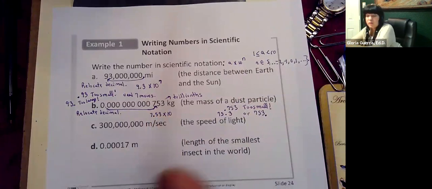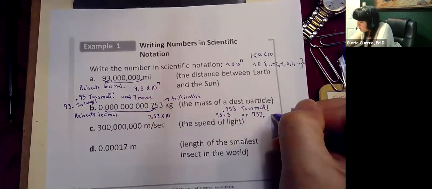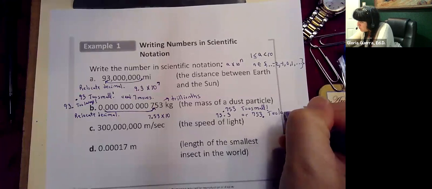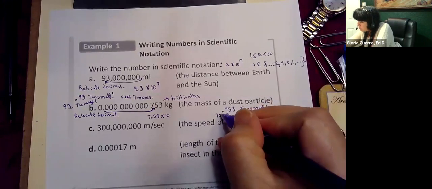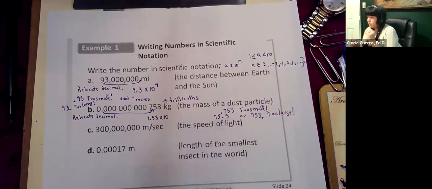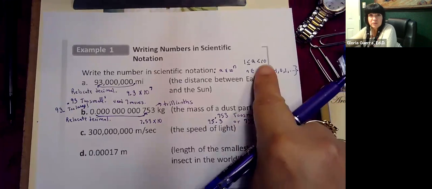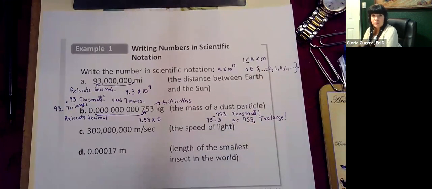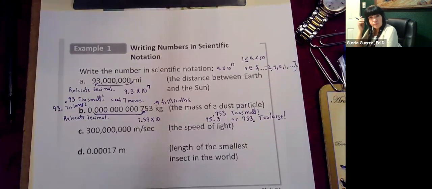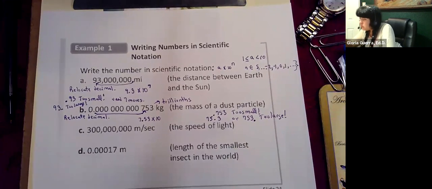Either way, these are too large. 75.3 is too large because it's bigger than 10, and 753 is also too large. Okay, so this is good.